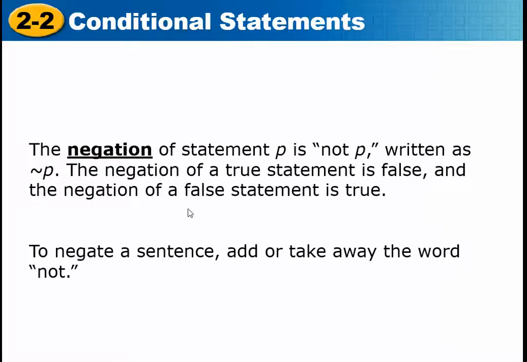Negation, this is an easy little thing. Negation is what you probably think it is. It's when something is not. You add the word not in there. You change it to the opposite. So we add or take away the word not to a sentence, and that negates it. That changes it to the opposite.